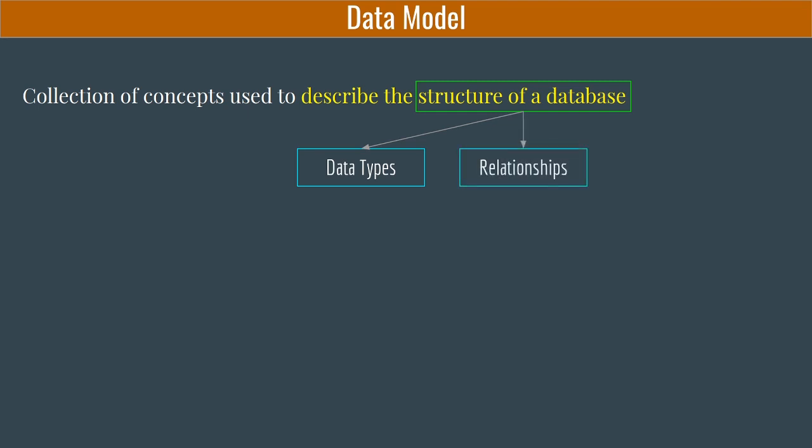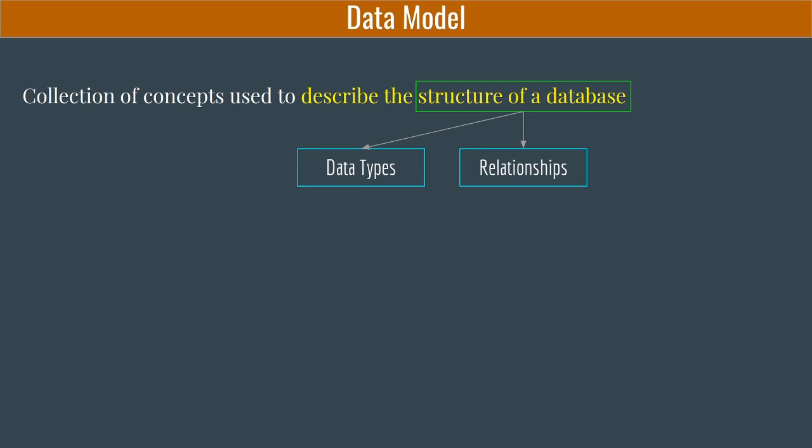Apart from data type, there should be some relationships between these files. That is also already explained, because we have already seen that the course should belong to some particular department. So the course file is related to department, section is related to course, and so on.